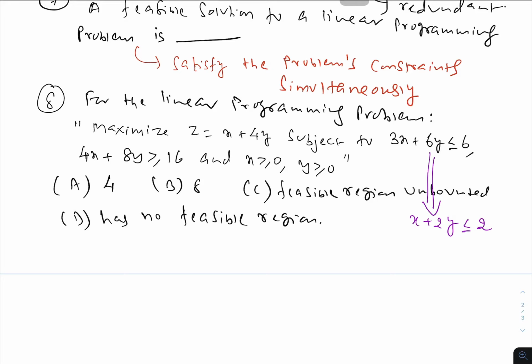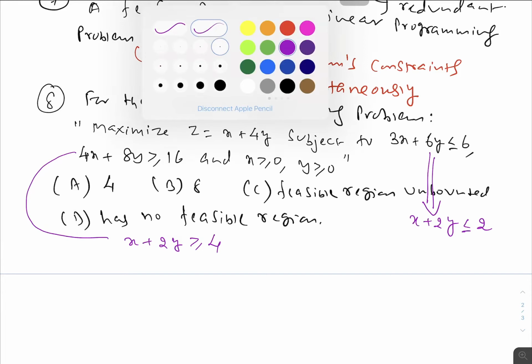We have just divided by 3. Then 4x plus 8y greater than or equal to 16. So we divide by 4 and write x plus 2y greater than or equal to 4.